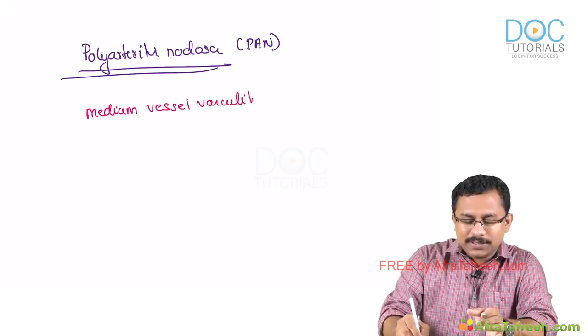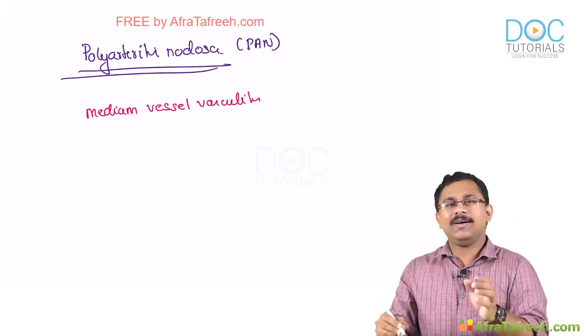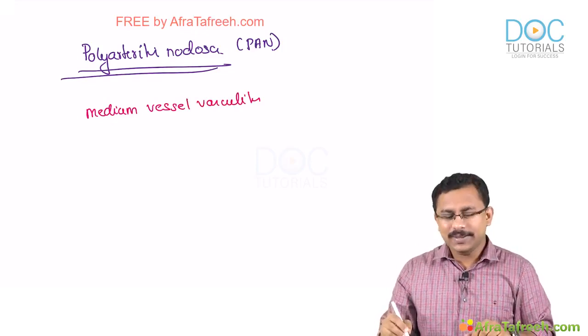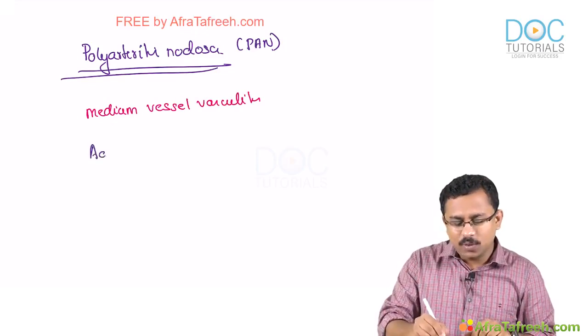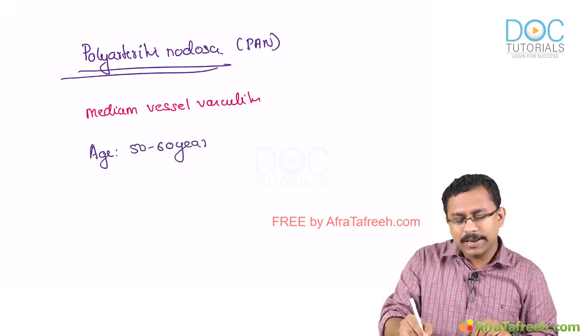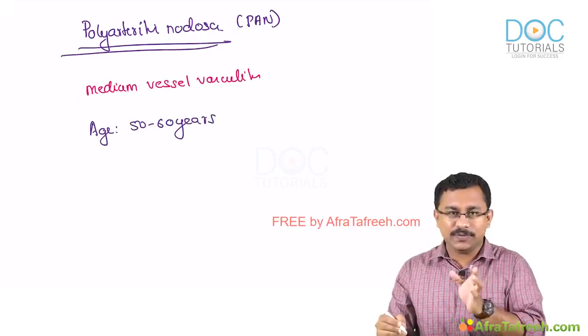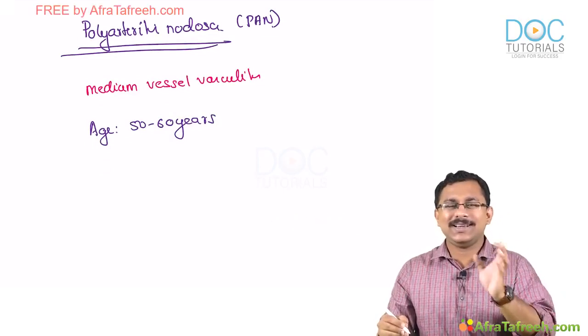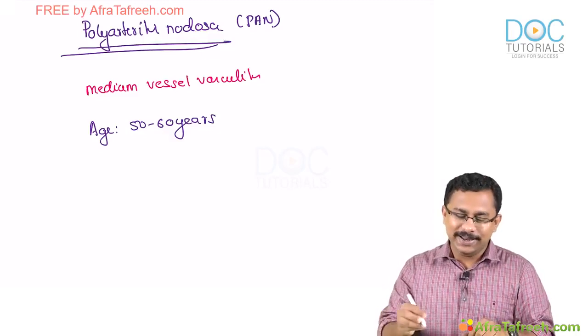Some important points: the age group of presentation of PAN is 50 to 60 years. You have to keep this in mind because you get clinical scenarios based on that.